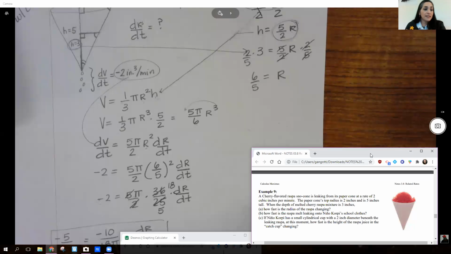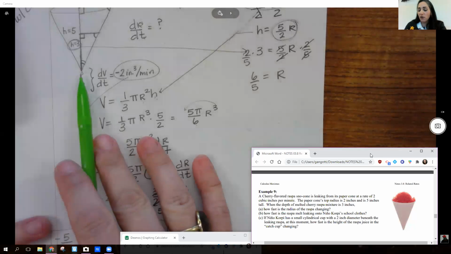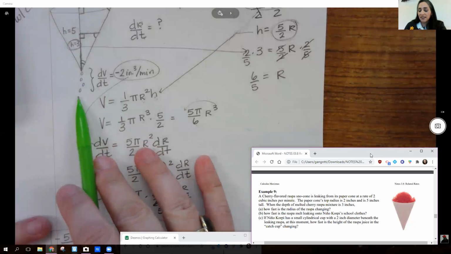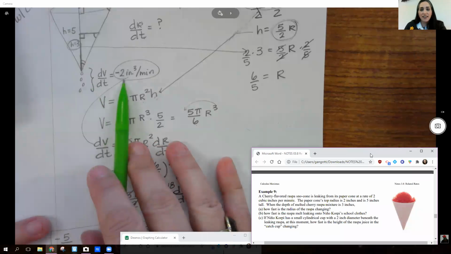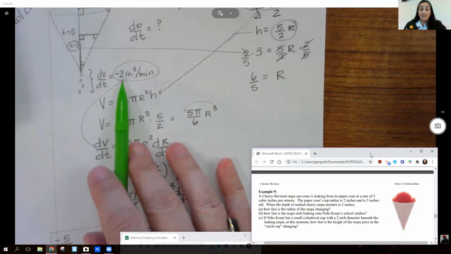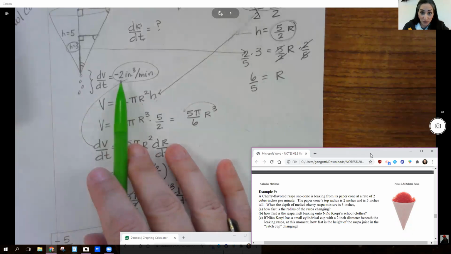How fast is the RASPA melt leaking onto Nino Corpi's school clothes? So this one takes thought, but it doesn't take any calculation, all right? So if it's leaking out of the cone at a rate of -2 cubic inches per minute, then it's leaking onto his shirt.